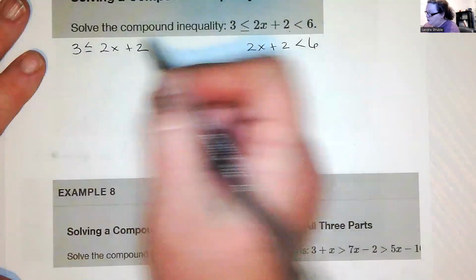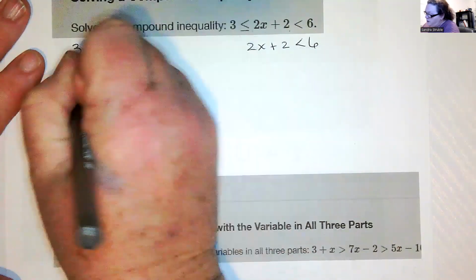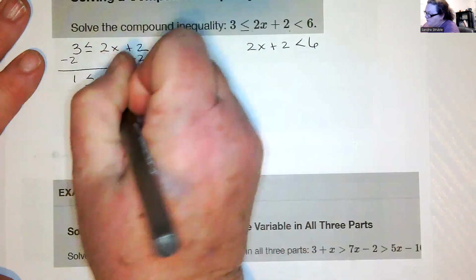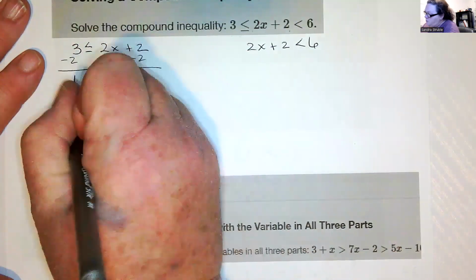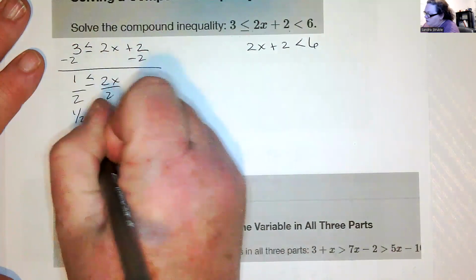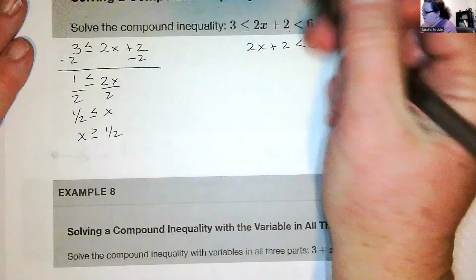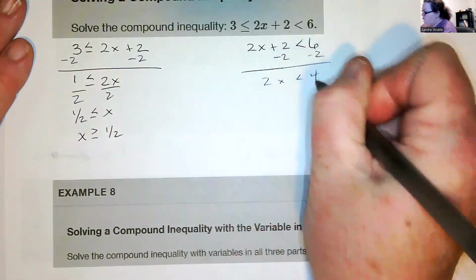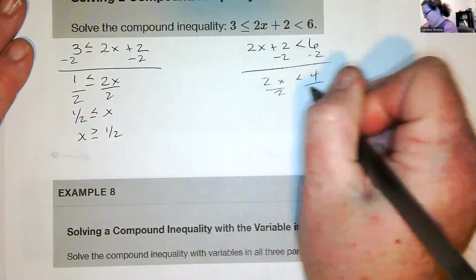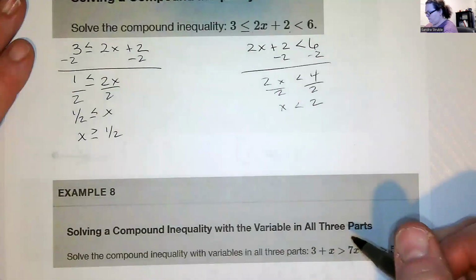So I'm going to leave the 2x here, move the 2 over. 1 is less than or equal to 2x. Solving for x, divide both sides by 2, and x is greater than or equal to 1/2. I'm just going to flip that around. There we go. All right, the other one, subtract 2 from both sides, and I get 2x is less than 4, divide both sides by 2, and x is less than 2. Okay, cool.